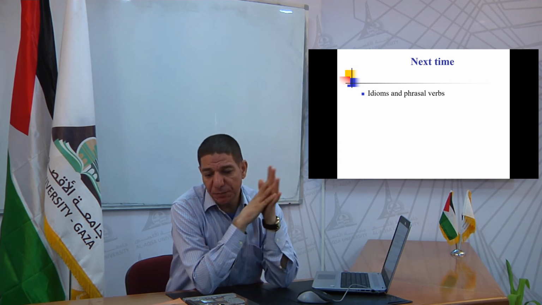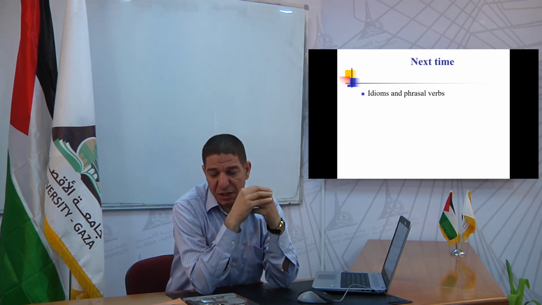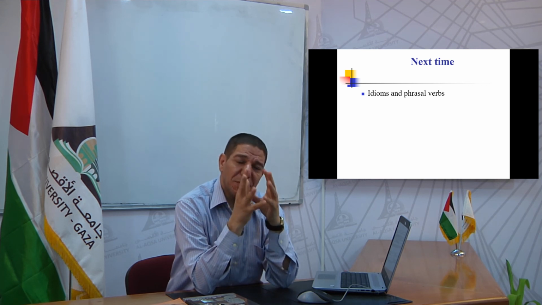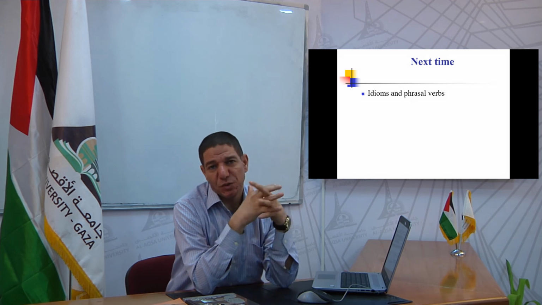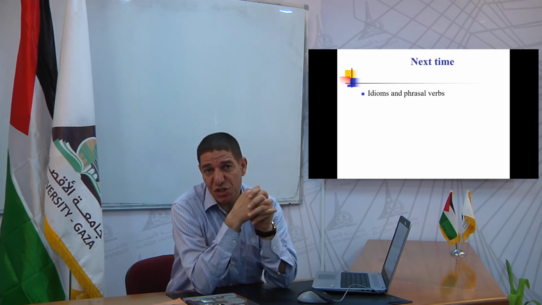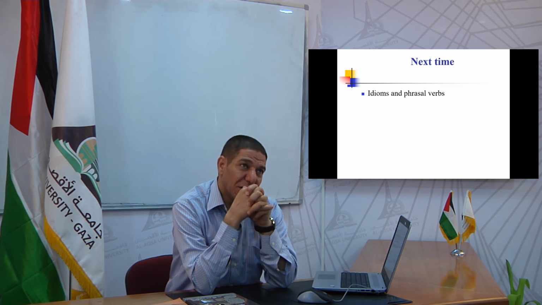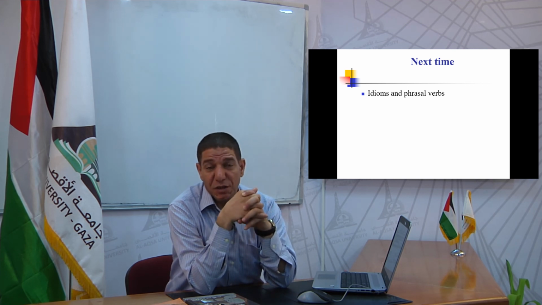Let me offer some introductory remarks on this. English is an idiomatic language. You need to take this into consideration when you learn English. You cannot take tall order, for example, at face value.